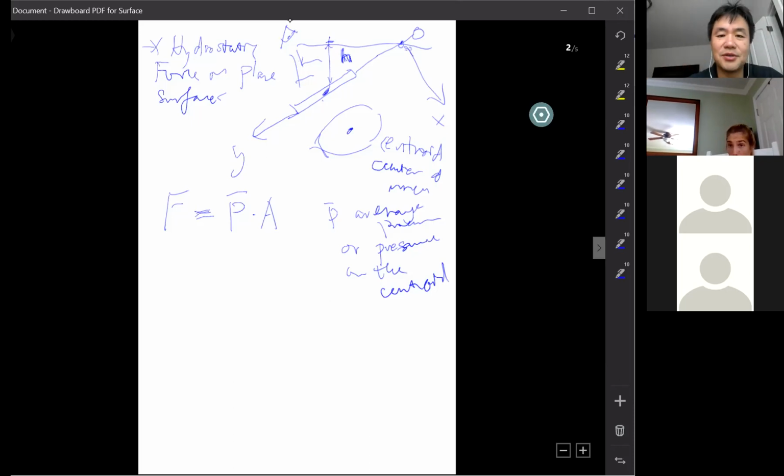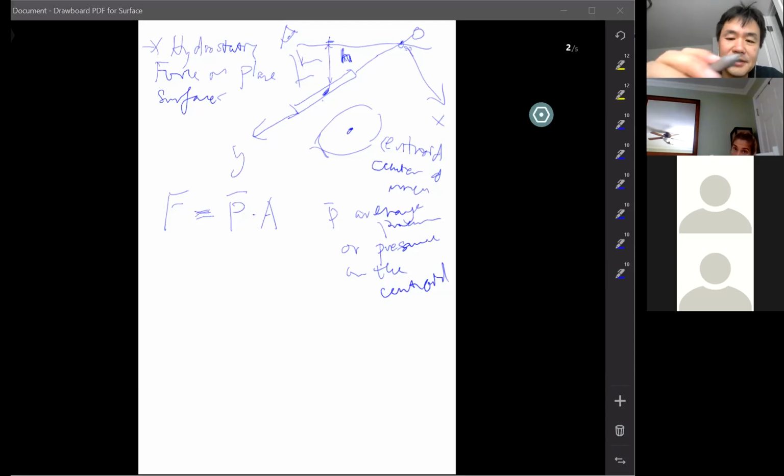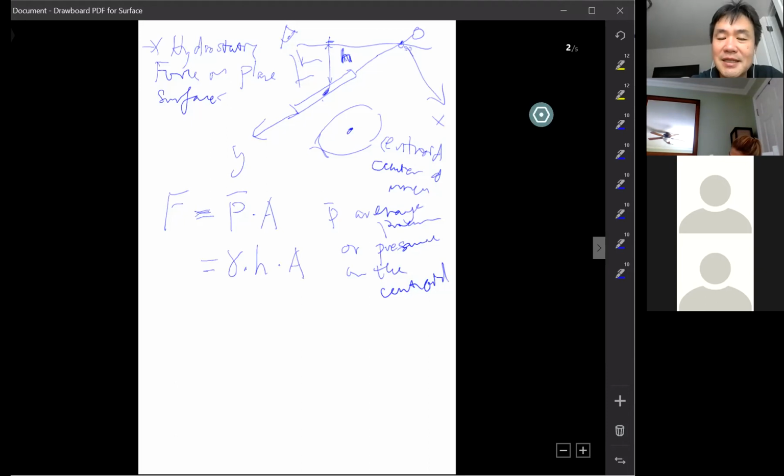Let's say the water depth is H at the central location. Is it gamma Z? Yeah, gamma Z, right? Gamma is rho times g, the specific weight. So gamma H. Did I say gamma H or gamma Z? In this problem it is gamma H. H is the water depth at the centroid location.